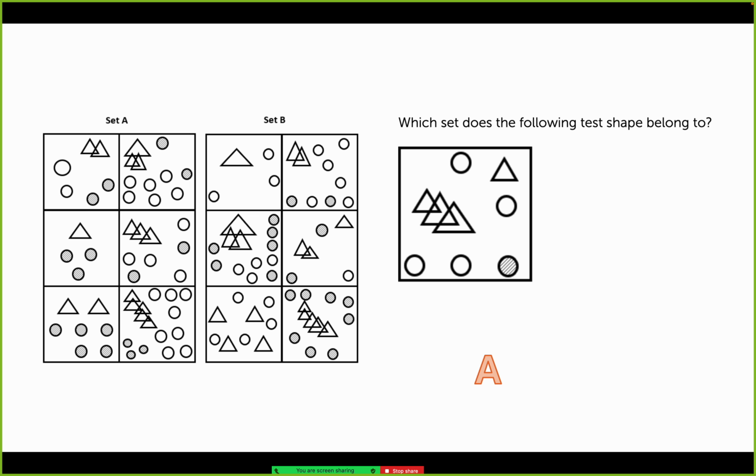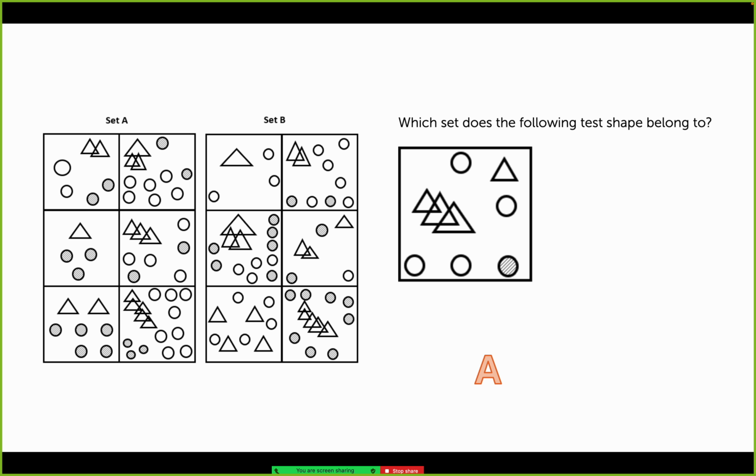Fantastic. So the rule is in set A, the white circles are equivalent to the number of intersection points. In set B, black circles are equivalent to the number of intersection points. As simple as that. Once you get this correctly, for the next 4 or 5 questions, you will be just flying through. For the first time when you come across this pattern, it will take 30 or 40 seconds to find out.